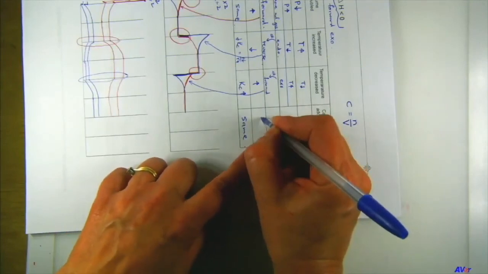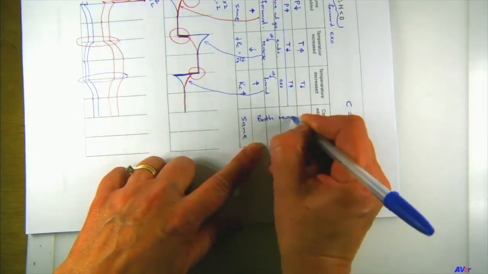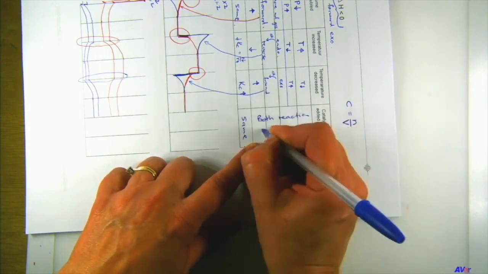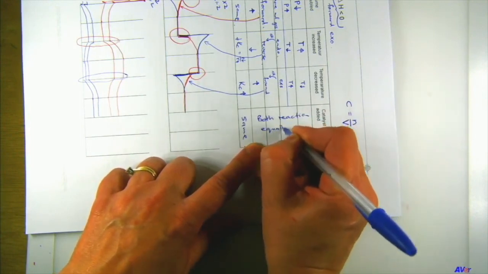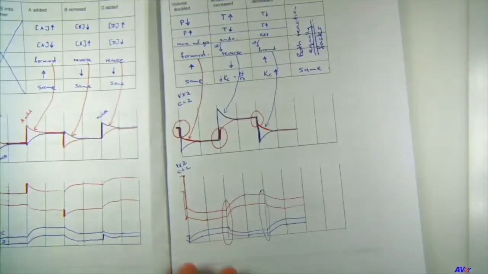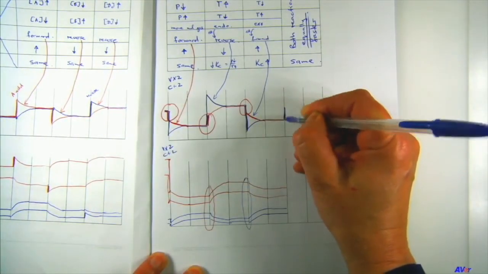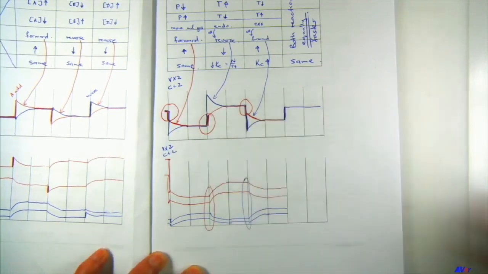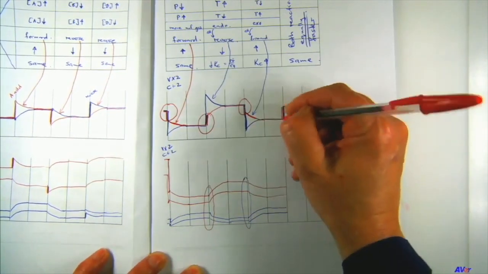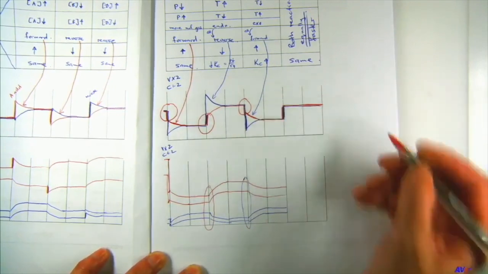And what I want you to write in there is, remember, that both reactions are equally faster. So their rates increase with the same amount. So if the one increases that much, then the other one should increase with the same amount. So the rates increase, but the important thing is they increase with the same amounts.